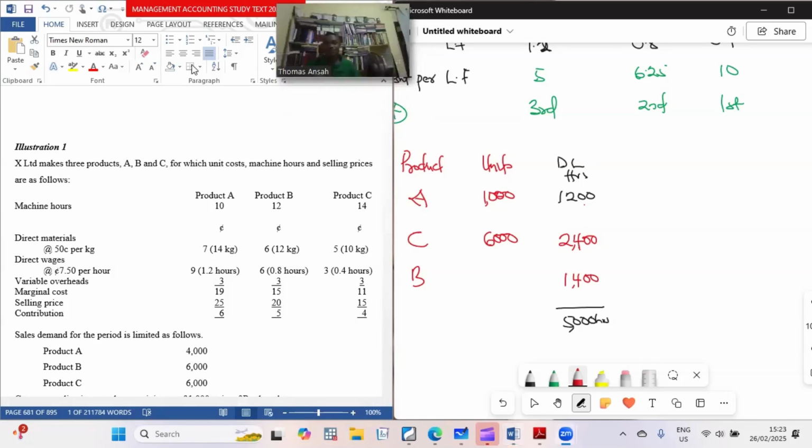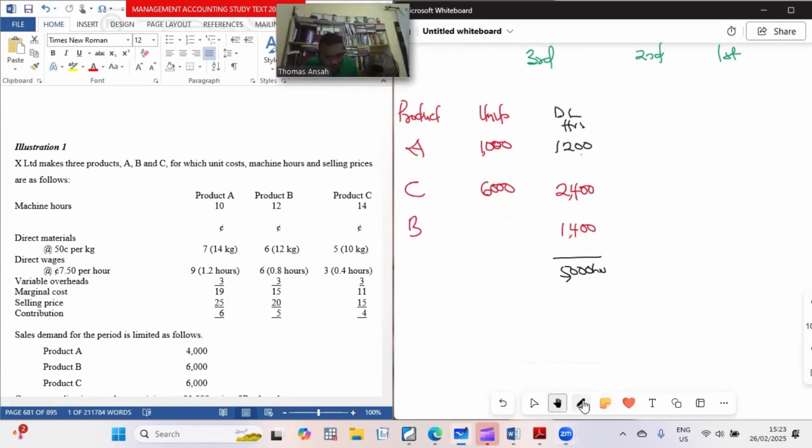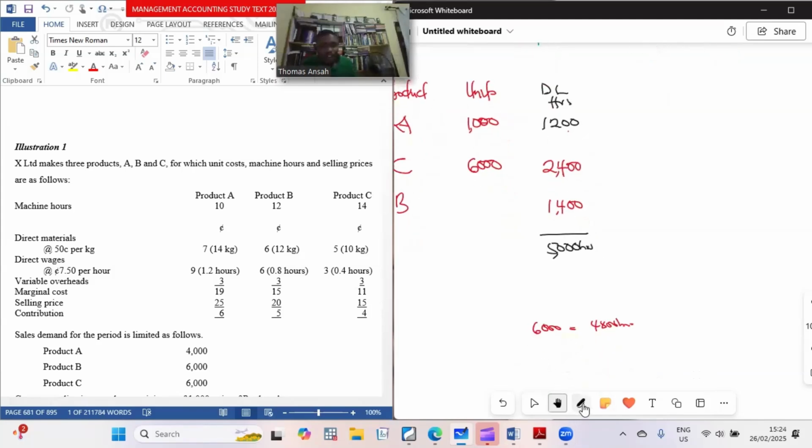All right. So how many products can we now produce? Because with the 6,000, we needed 4,800 hours. But now we can only have 1,400 hours. So how many can we produce now? You can do that to know the number of units that you can produce.